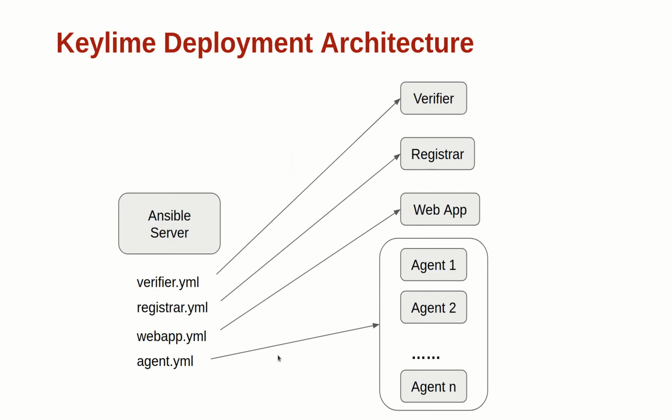So in our cluster, there is an Ansible server, which is in charge of the entire system. It has a playbook for each service, and the service playbooks are the YAML files down below. The service playbook can be used to install and uninstall dependencies and start and stop these services so that we can always have a clean environment.